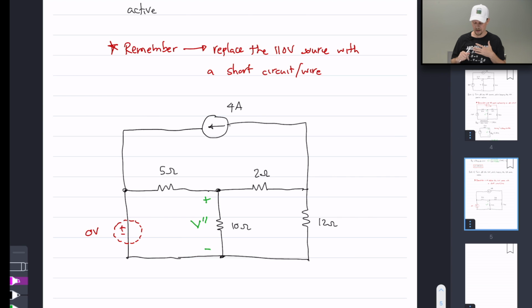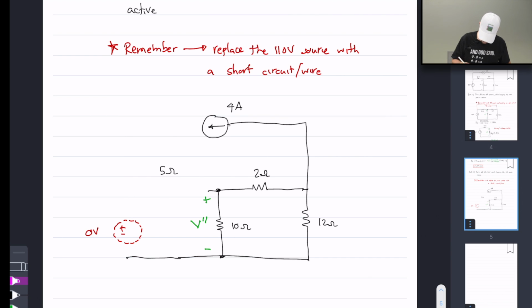One of the things that I want to be able to show is that despite the fact that it really doesn't look it, the 5 ohm resistor and the 10 ohm resistor are actually in parallel with one another. So one of the things that I'm going to do here is the 5 ohm resistor here, what I'm going to do is I'm actually going to, whoops, looks like I erased it rather than moved it. So let me add that back in. So this is what we had.